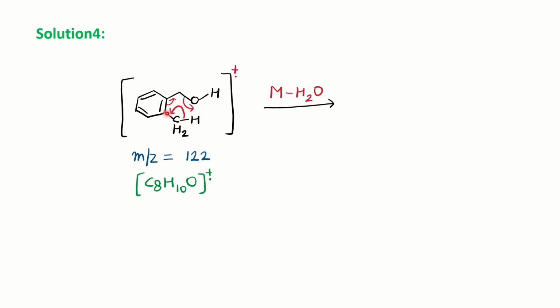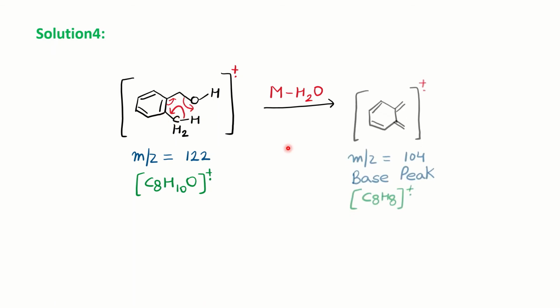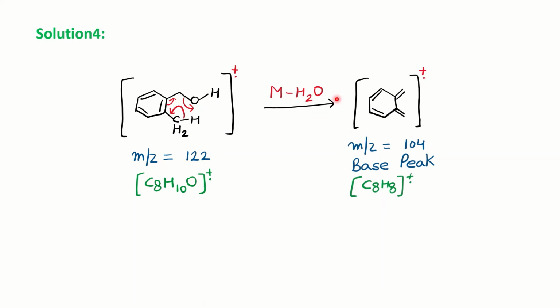You can notice how this rearrangement takes place to lose the water, and you are going to have this radical cation m/z 104 as the base peak, the most intense peak. So they can ask you to justify the peak at 104 in case of 2-methyl benzyl alcohol, or what is the base peak in 2-methyl benzyl alcohol.